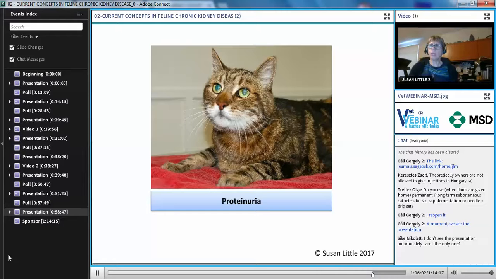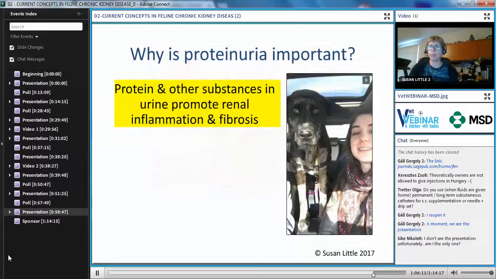Okay, so now we're going to talk about proteinuria in these patients with chronic kidney disease. It's one of the really important treatment targets because this is one of the ones that actually does potentially prolong survival in our patients and has an effect on disease progression.